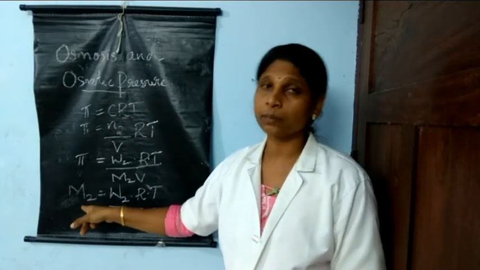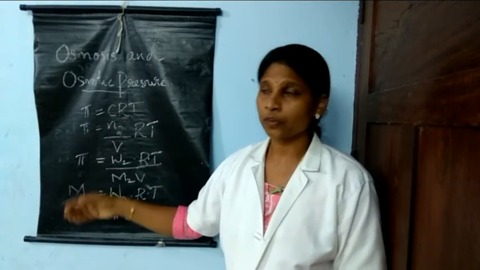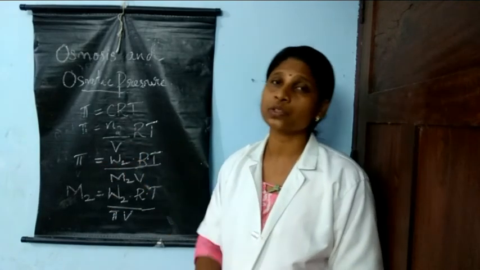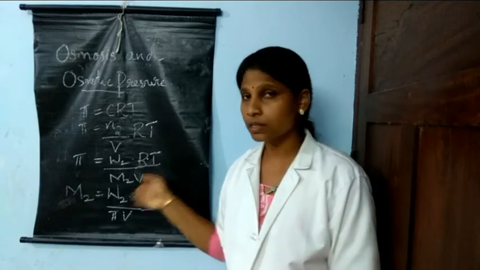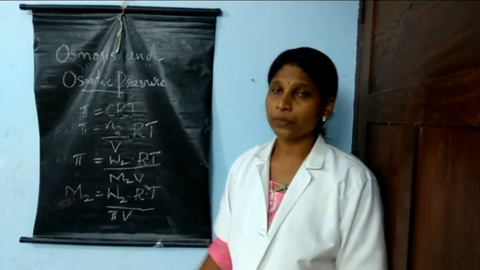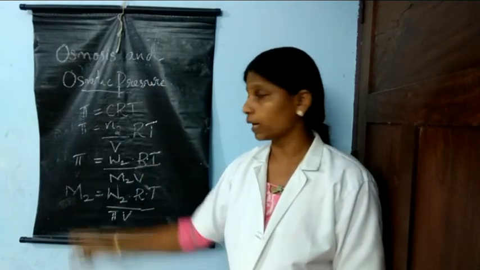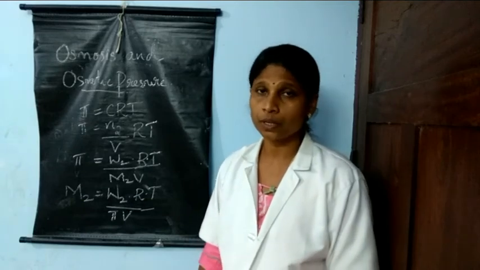For example, if you are adding a solute to a solvent and we don't know which solute is added, using these colligative properties we can very easily calculate the molar mass of the unknown solute.